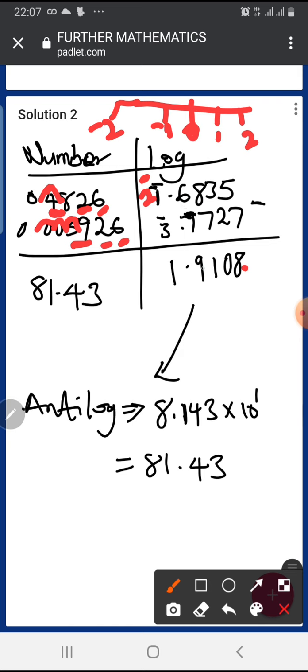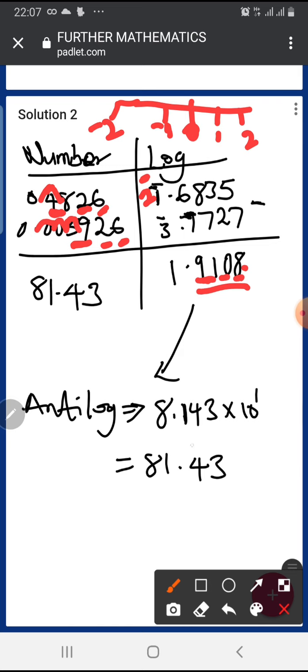16 minus 7 is 9, and -2 minus -3. So minus, we cancel minus to be plus. -2 plus 3 will give you +1. So you have 1.9108. So the mantissa is 0.9108. Therefore, you go for the antilog of 91 under 0 difference 8.